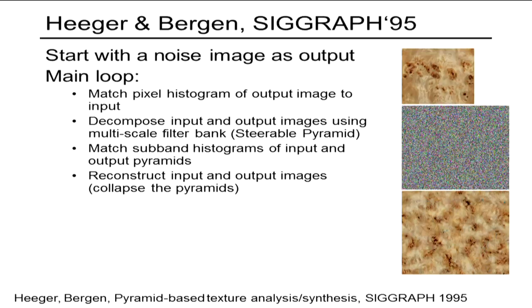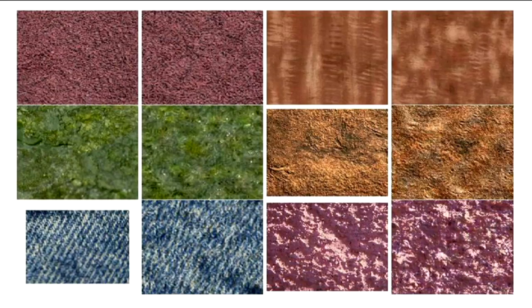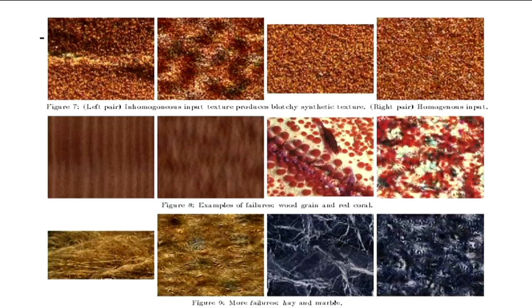So that means that these are sufficient statistics for capturing enough of the information that you can actually create novel imagery. And we showed that this works okay for more stochastic textures, but doesn't work as well on the more structured textures.